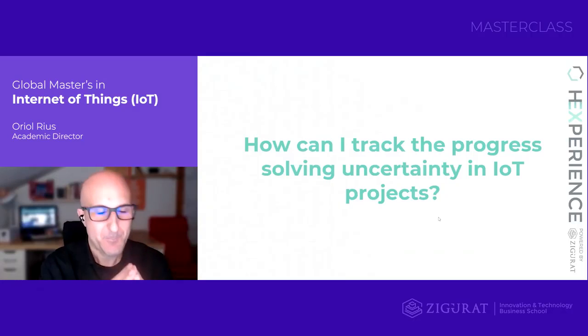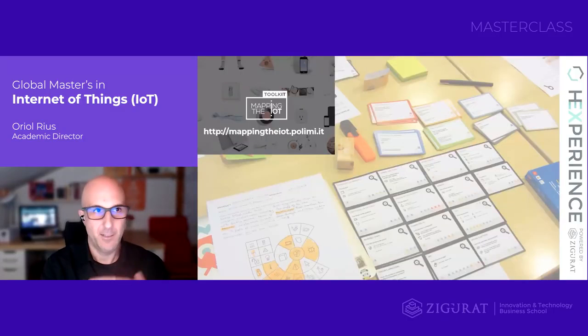How can I track the progress solving uncertainty in IoT projects? Let me introduce one of the techniques available for mapping the IoT requirements or the IoT uncertainties. This is called the Mapping the IoT toolkit.